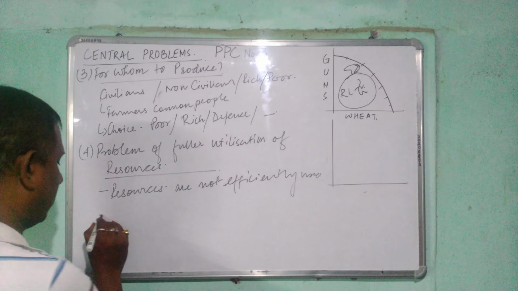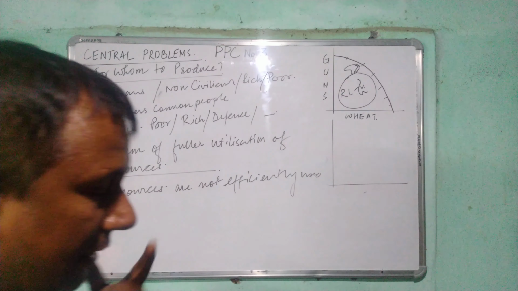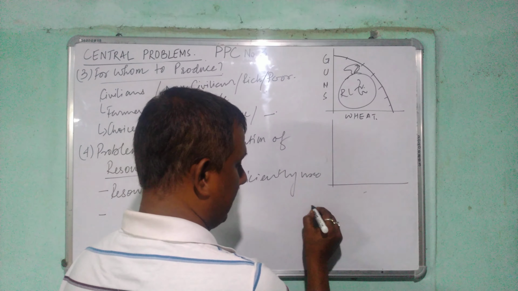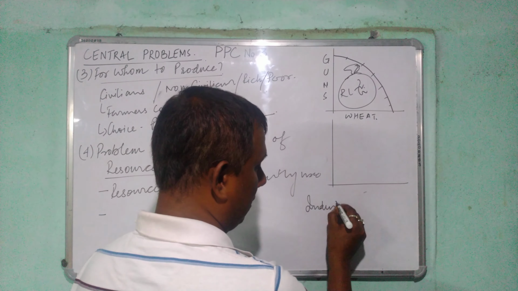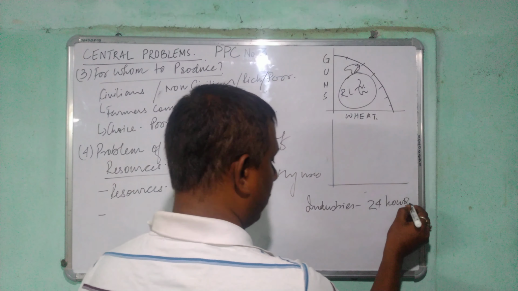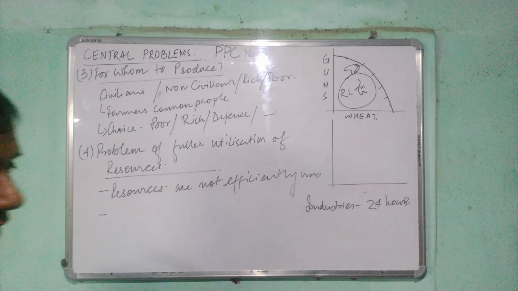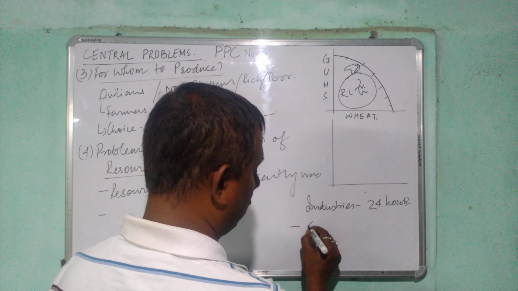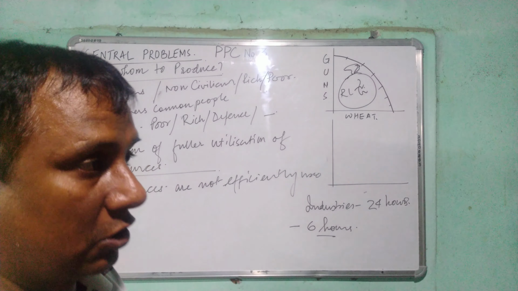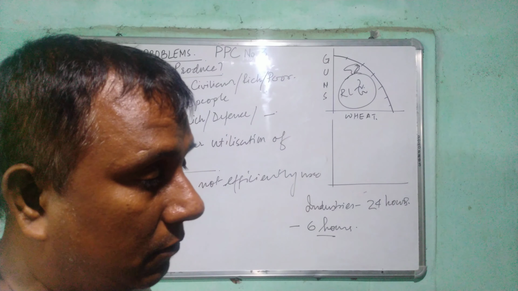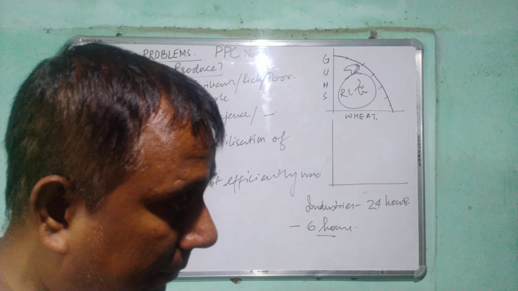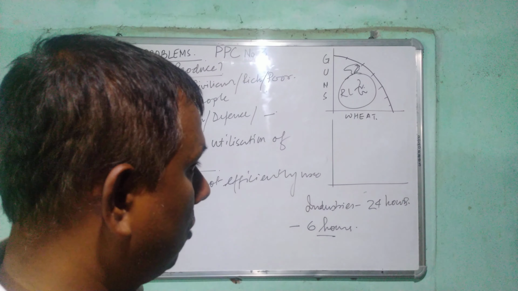For example, in Calcutta, Agra, Mumbai, in certain places, all the factories and industries are working 24 hours. But over here in Duars, they are not working even 6 hours. That means the machines are not used fully. The laborers are not working fully, the machines are not capitalized fully, and so our resources are not efficiently used.